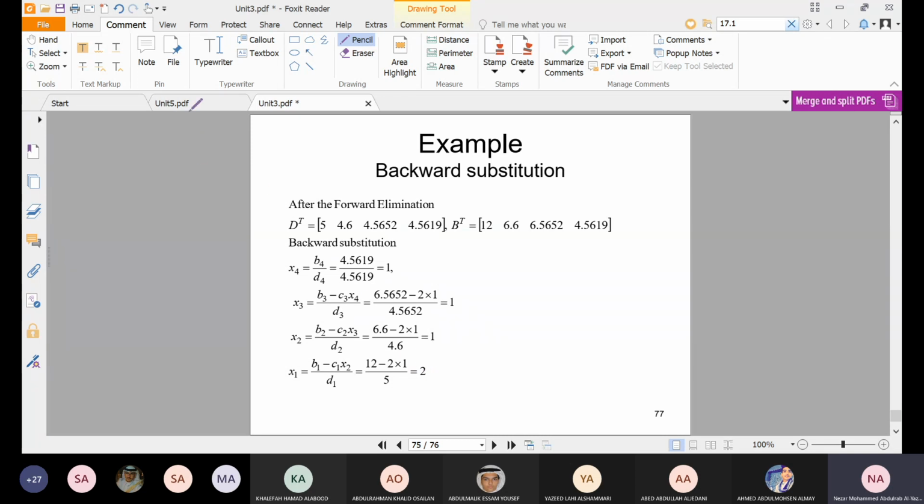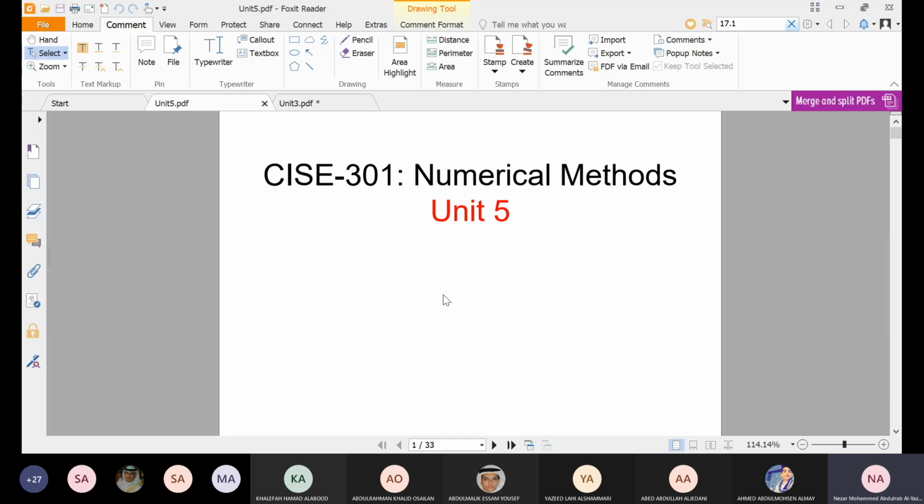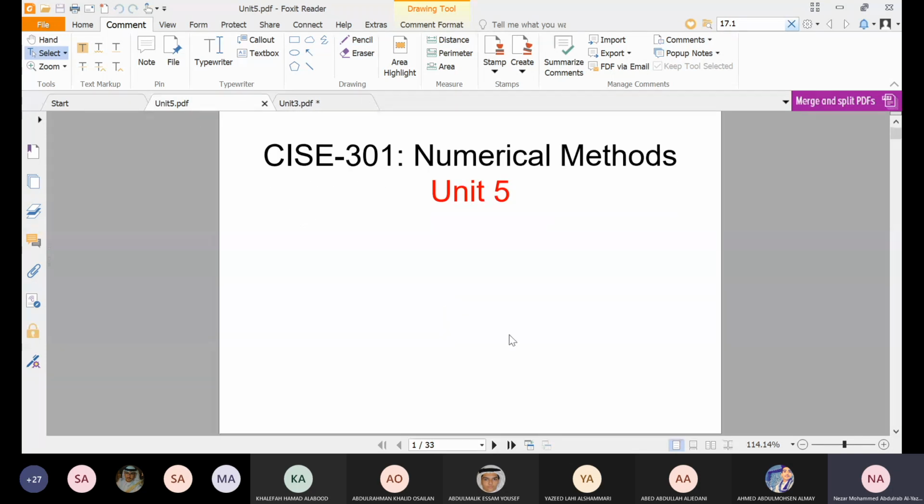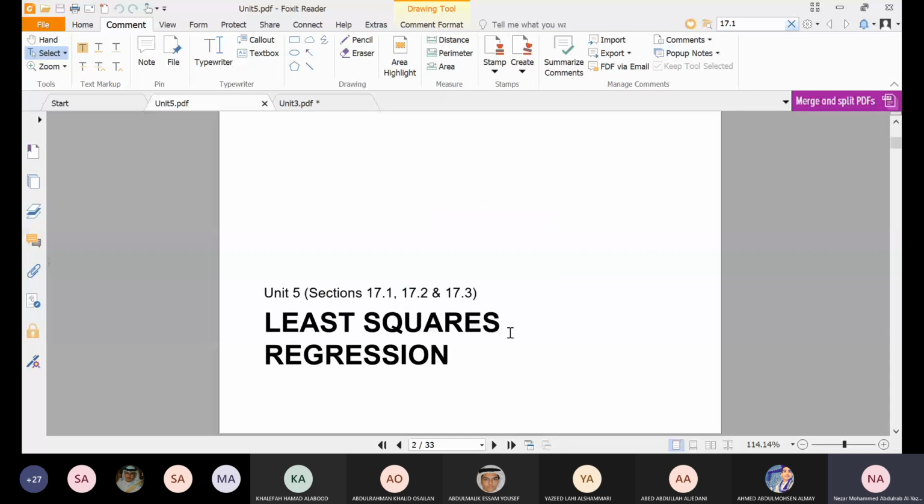Unit number 5 talks about curve fitting, or least square regression. This is from chapter 17, sections 1, 2 and 3.